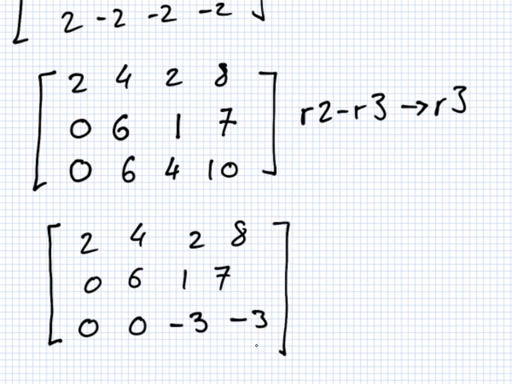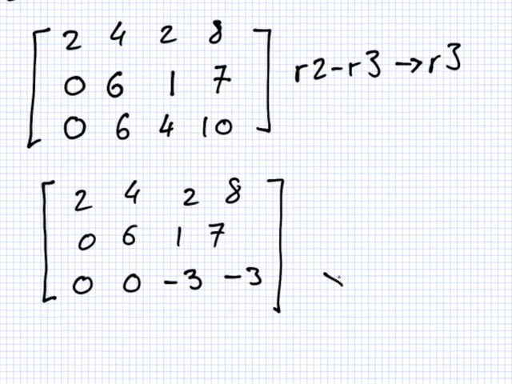Okay. Now, next I'll do this row. That's a 0, by the way. No, that's a 6. Okay. I'll do this row multiplied by minus 1 over 3. This row I'll do divided by 6. And this one here, I'll write divide because that's neater.